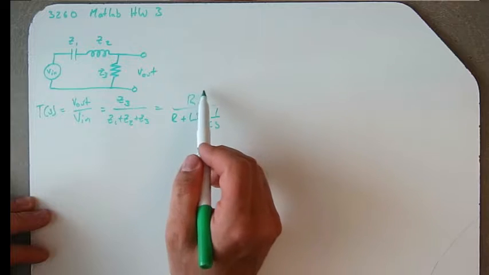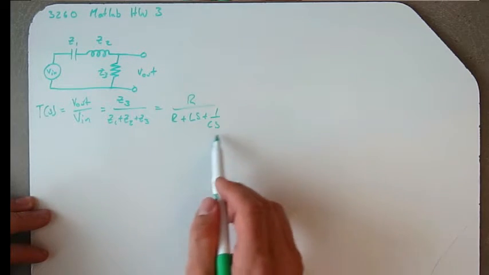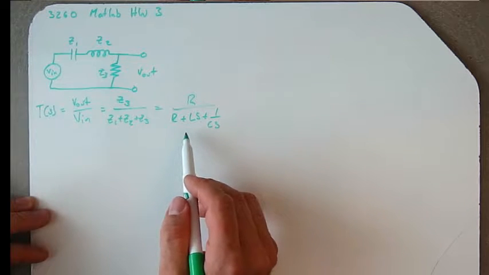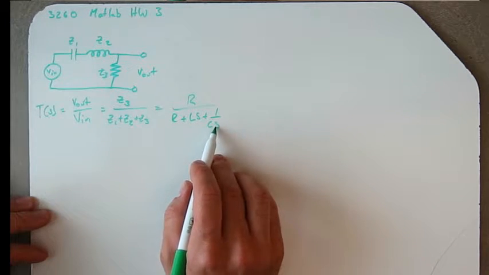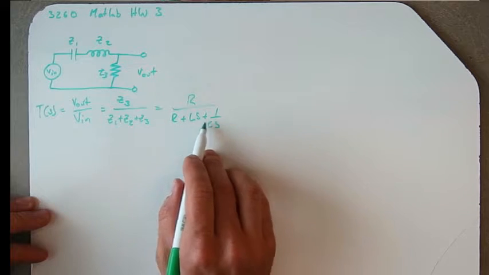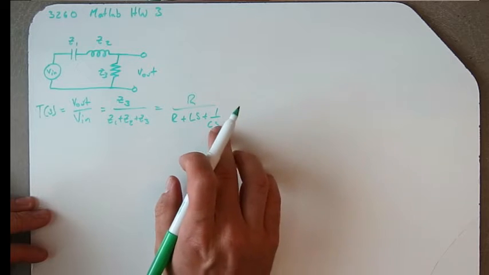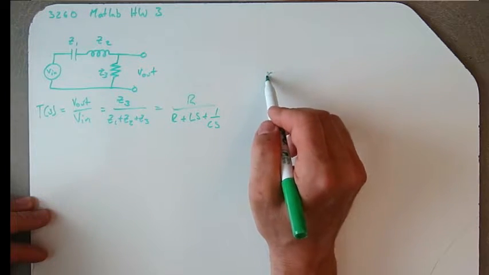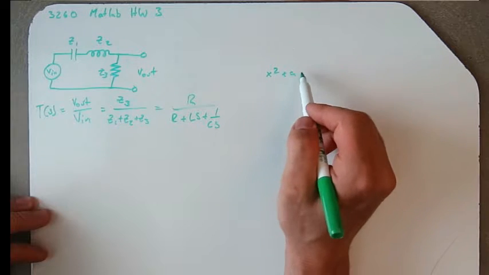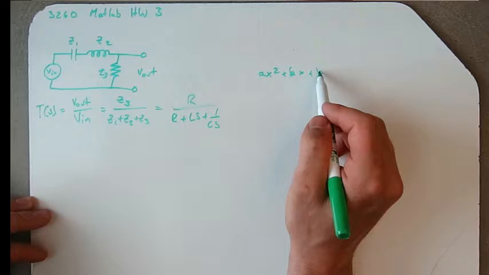Alright, so it doesn't really matter exactly what form this is in for solving for the roots, except that we want some s squared terms here, so that we have something like x squared plus ax plus b, or I guess ax squared plus bx plus c.